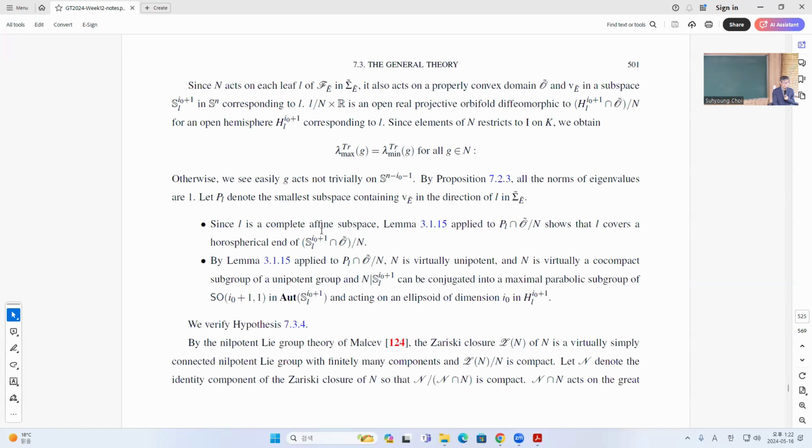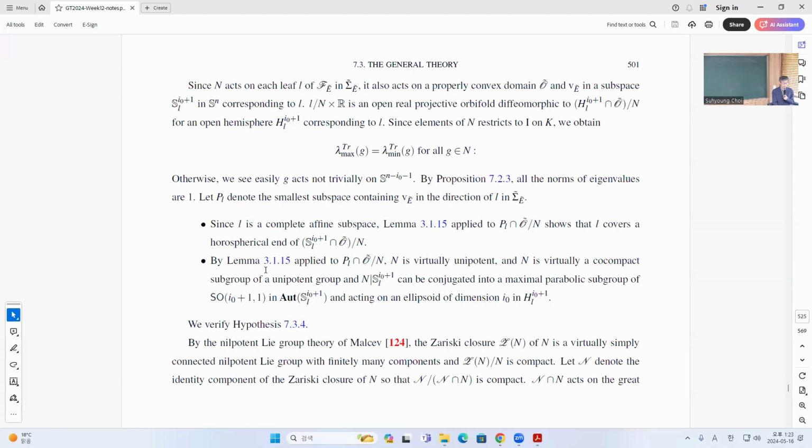So then L is actually a complete affine space, and these have some unipotent group action, some virtually unipotent group action. So then you can show that this is actually a horosphere. If you have a unipotent action on a complete affine transverse direction, then it's actually unipotent.